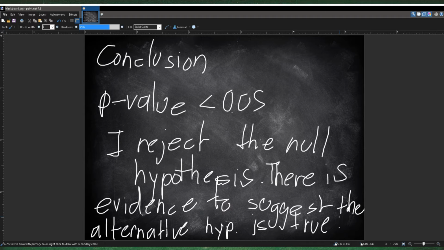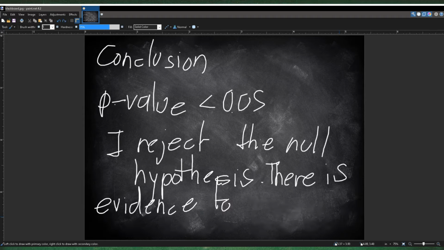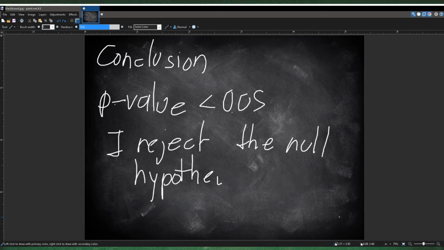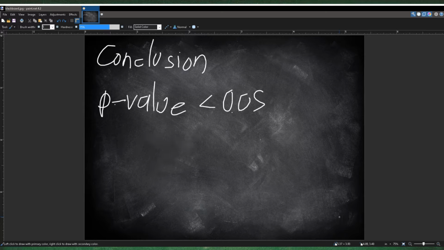You have to say there is evidence to suggest that the total amount of freshmen is greater than 25% of the amount of students. That's what you have to write.